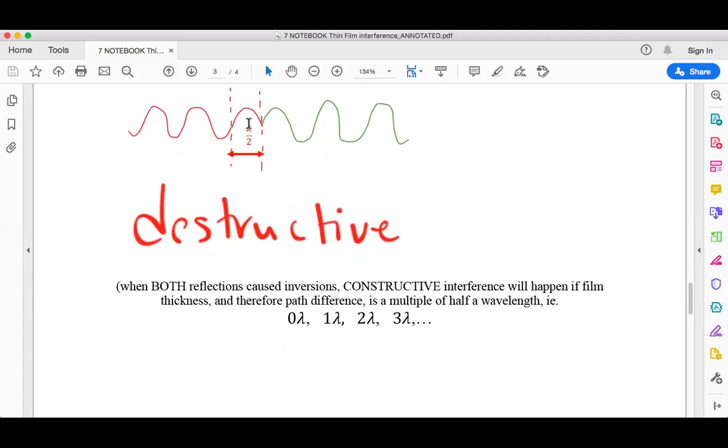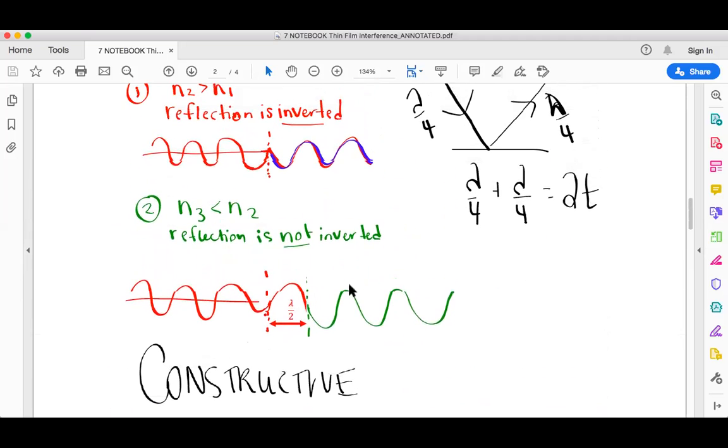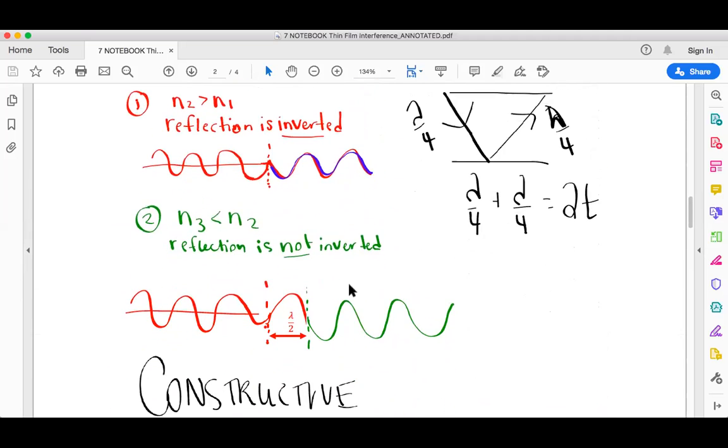If the film was 0 lambda, 1 lambda, 2 lambda, or 3 lambda out of phase, then we could have done constructive. So these are just two examples where you are trying to visualize whether the two reflected rays are in phase or out of phase. And it really depends on how many inversions you have and the thickness of the film.